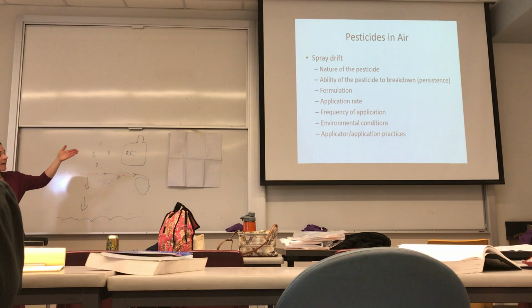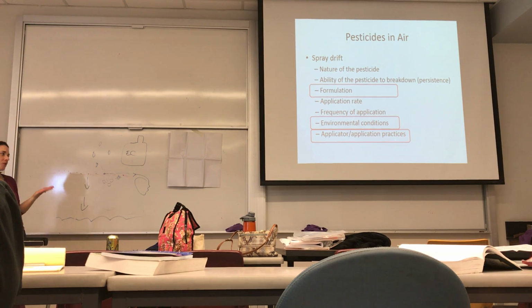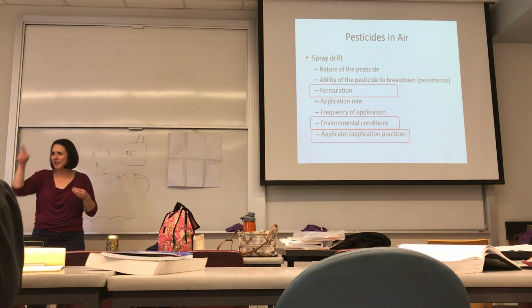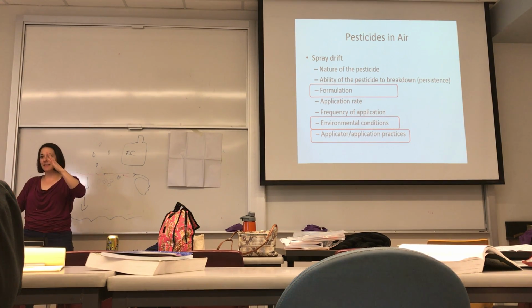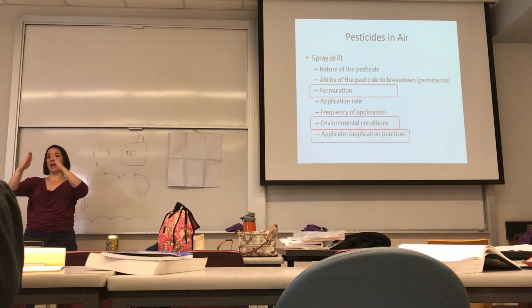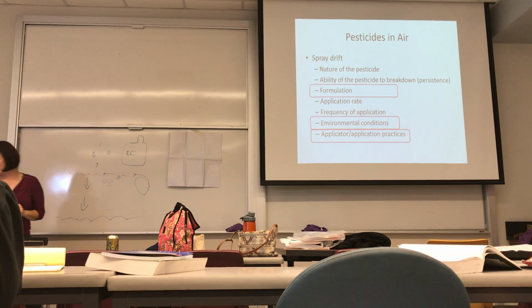But then we also have to have certain environmental conditions and applicator practices. If it's really hot or humid, then we're not going to apply volatile pesticides, okay? So it's kind of like the disease triangle, right? You've got to have the pathogen, the right environmental conditions, and the right host. We don't necessarily need the host, the host is anything. So we've got to have the right pesticide and the right environmental conditions for it to volatilize.